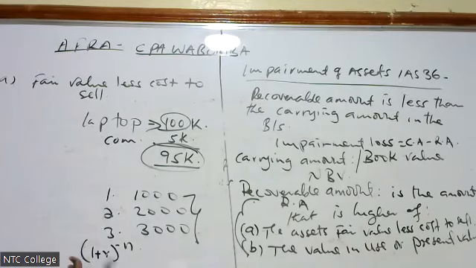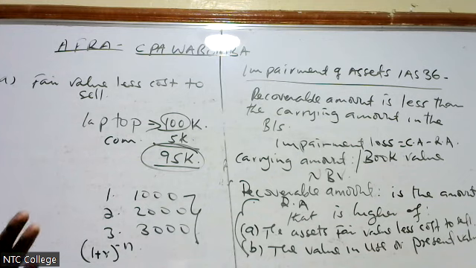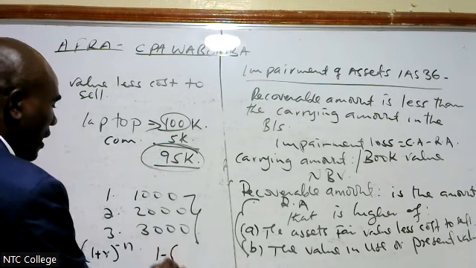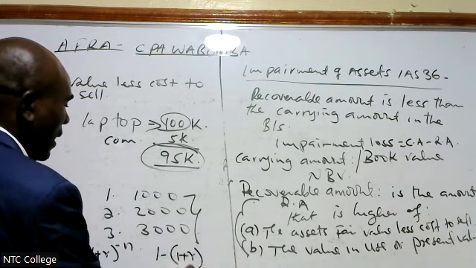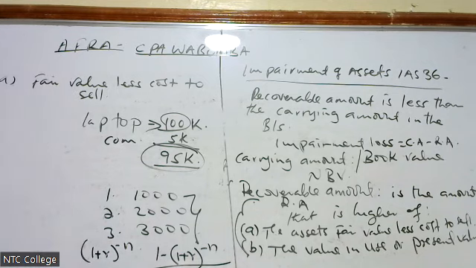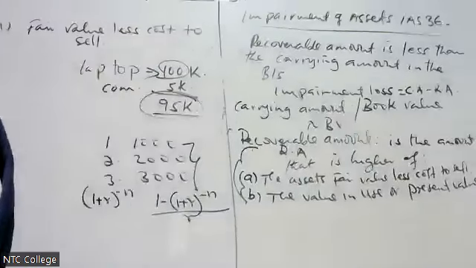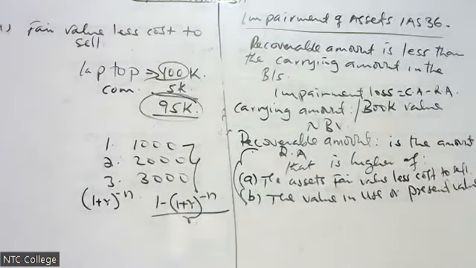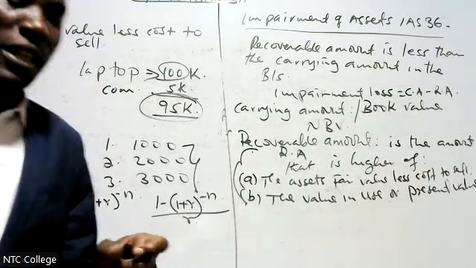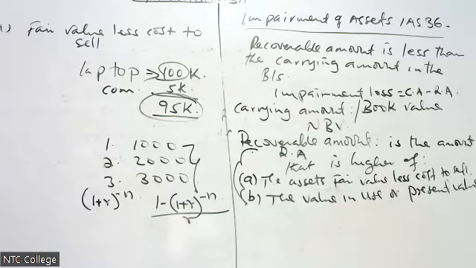If it is an annuity, you use 1 minus (1 plus R) raised to negative N, the whole thing you divide by R. These are the formulas for discounting. And what am I going to discount? I'm going to discount the cash flows to get the present value.